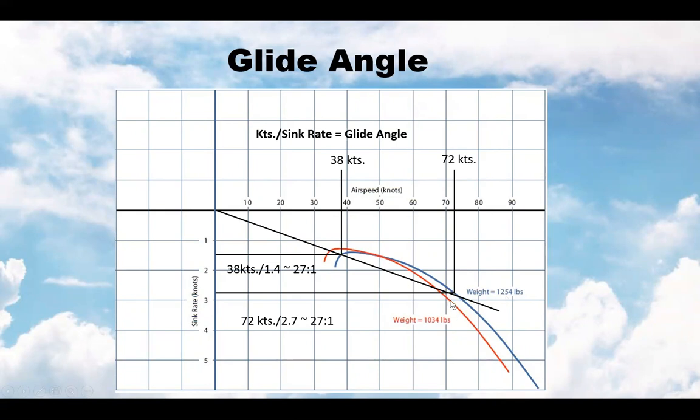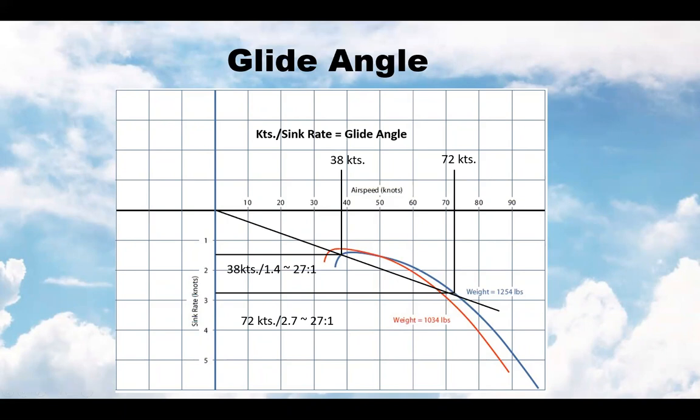And if you look over here at the faster line where the line intersects here on the blue line, you'll see it's 72 knots. It's actually about the same glide slope or glide angle of 72 to 1.4, 27 to 1. So what is that telling you?